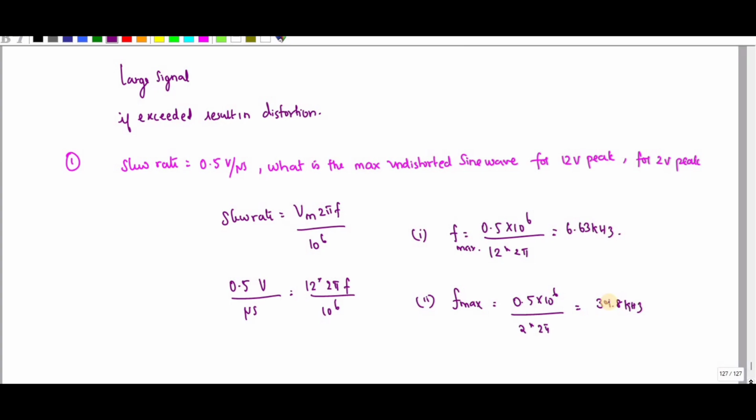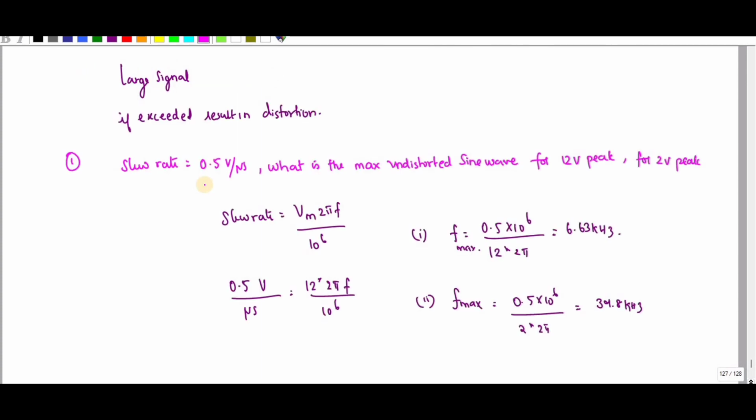Suppose in the second problem they have given gain as 50 and maximum operating frequency as 20 kilohertz. If I want to get the undistorted output, what is my value of V out?